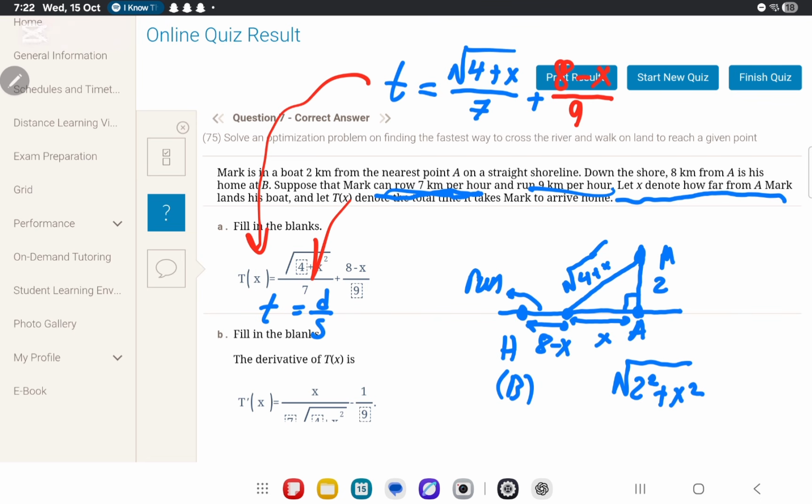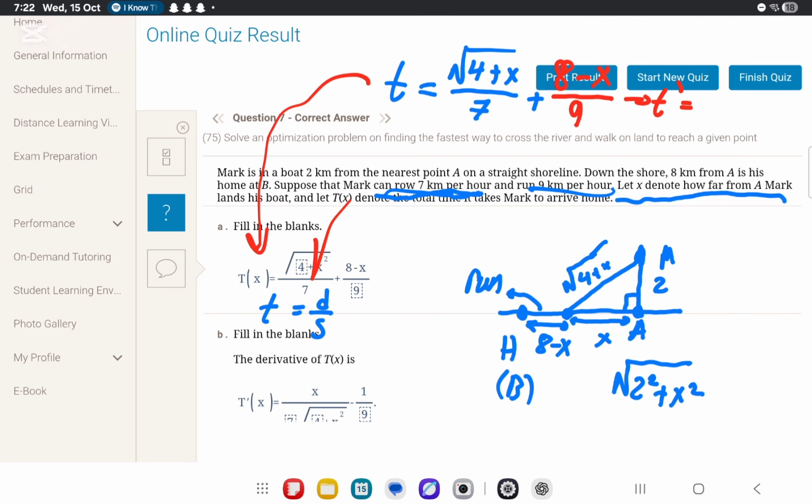Now, the derivative is very annoying to do. Let me derive it. So t prime is equal to, you can do it using the quotient rule, or the product rule. Your choice. You can do it in many different ways.